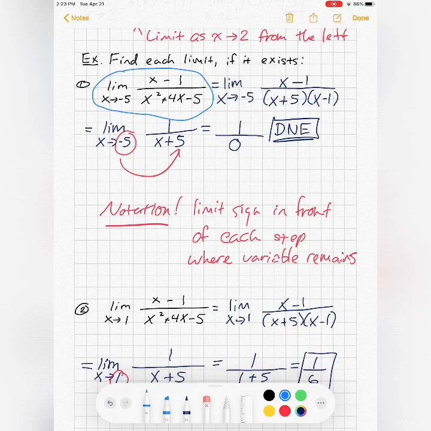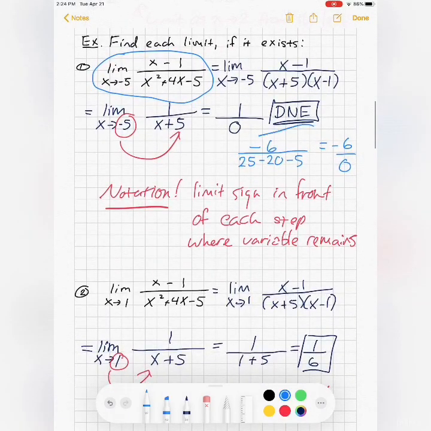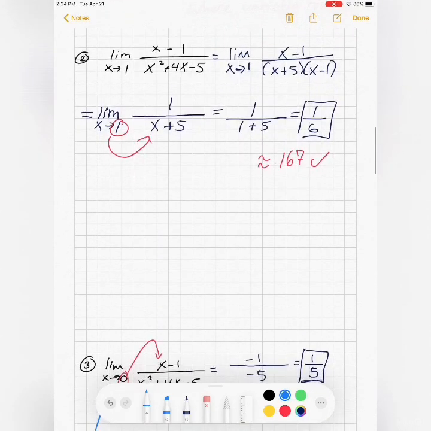Because you see how if I try to just plug the value -5 in, here's what I get. Oh, you see how I get -6/0? So that means I have to do a further investigation to determine if the limit exists, because when I get something like this, I know that something interesting happens at the value -5.